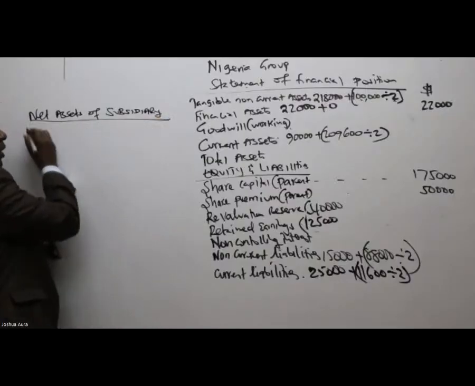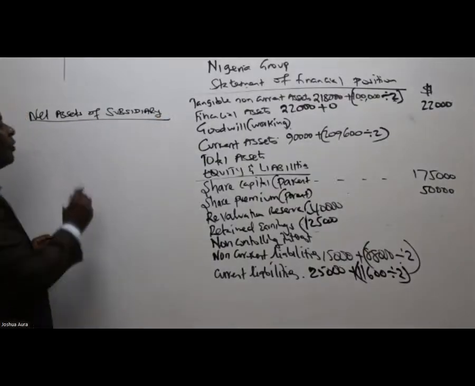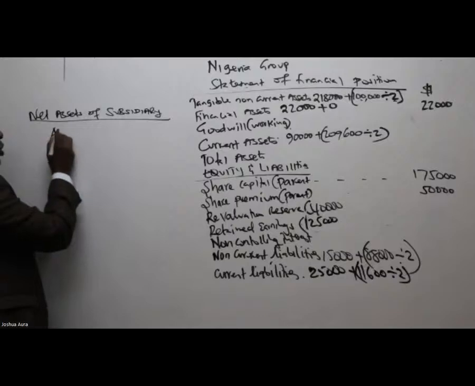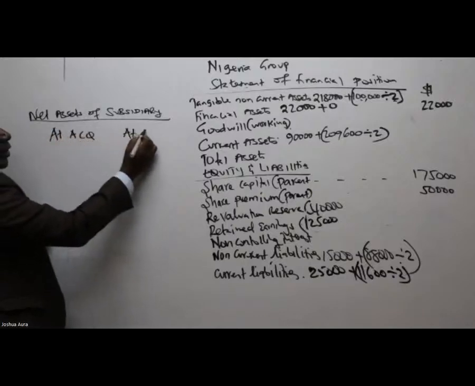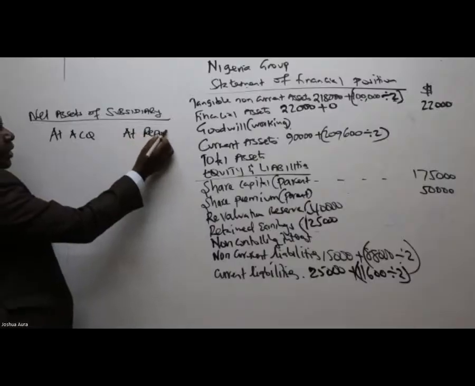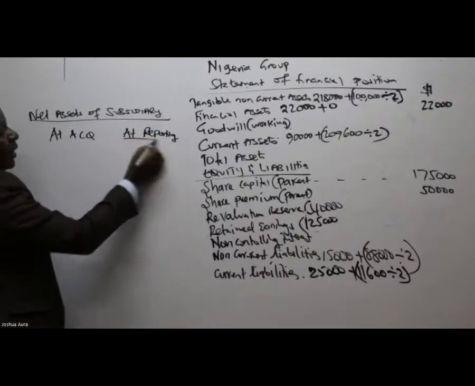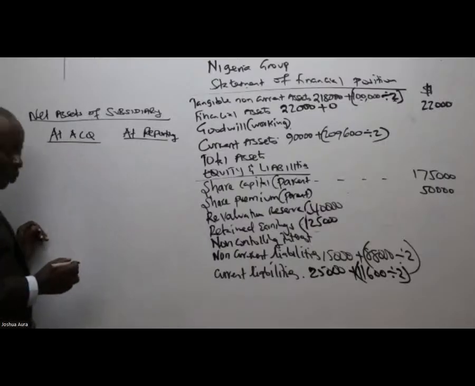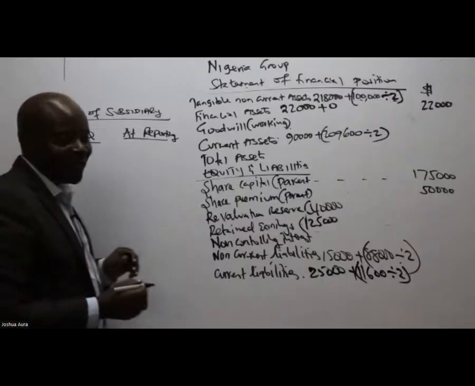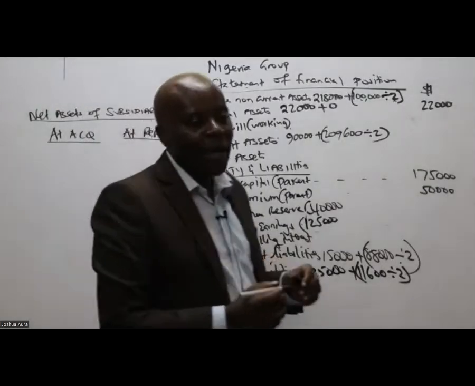Remember, we have to give net assets at acquisition and at reporting. Two of them. At acquisition and at what year? At reporting. So could you be kind enough and give me examples of net assets? When they talk of net assets, what comes to your mind?